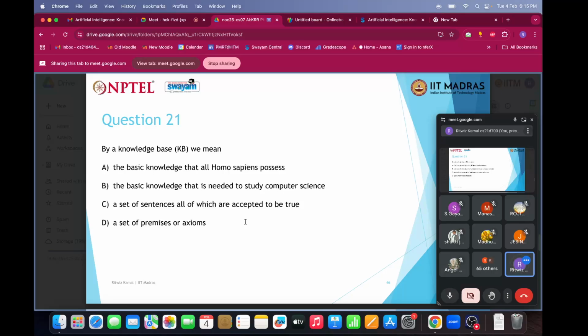So which of these do you think would be applicable to a knowledge base? Option will be A and B. Okay.